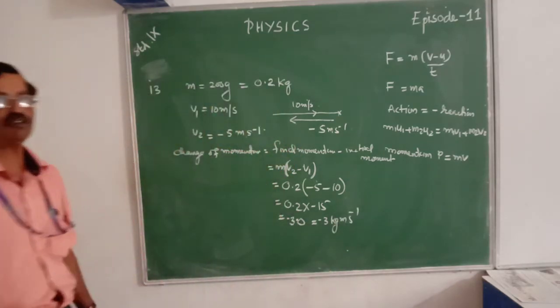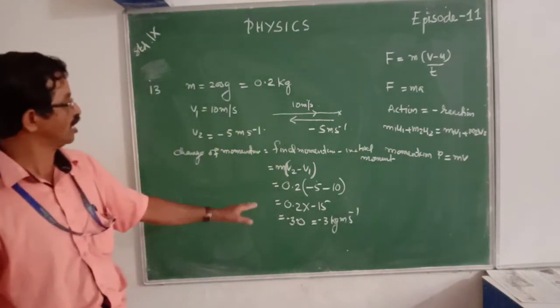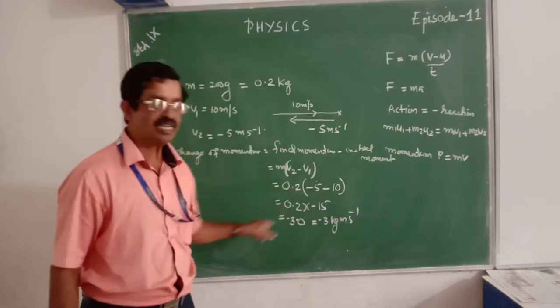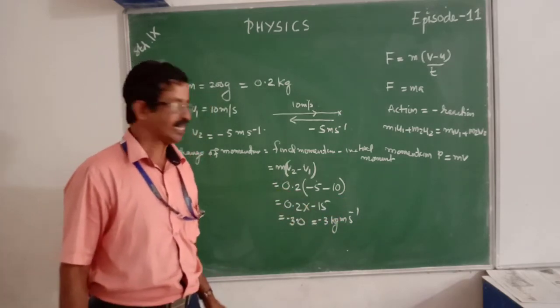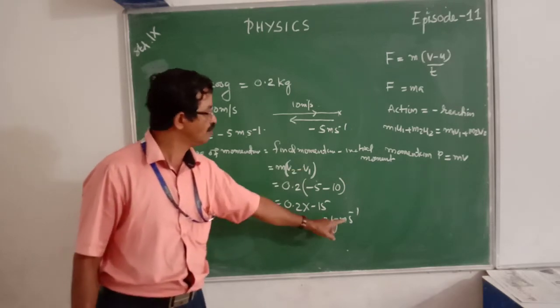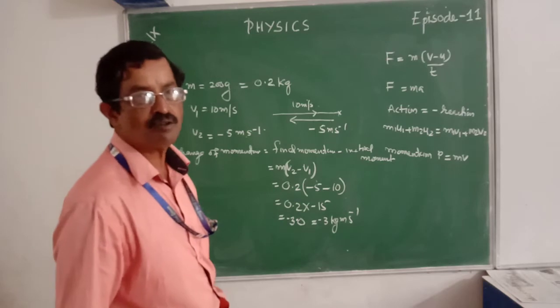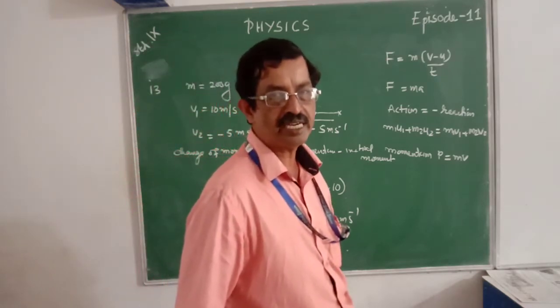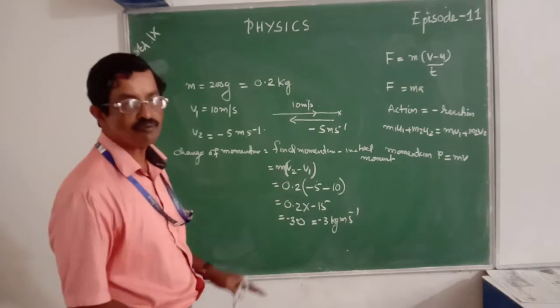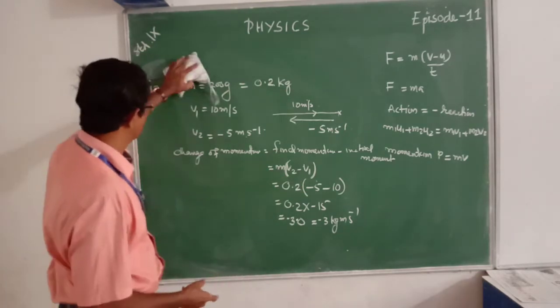This is the change of momentum. The negative sign comes because the ball is now moving in the opposite direction. So the change of momentum is minus 3 kilogram meter per second. How did we get it? We subtracted initial momentum from the final momentum.